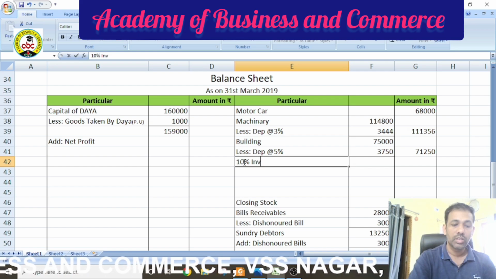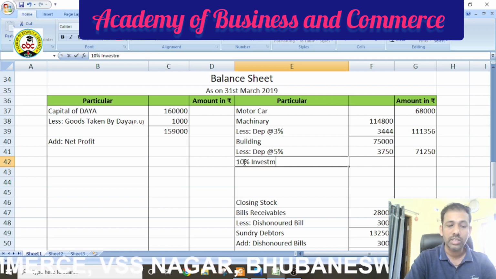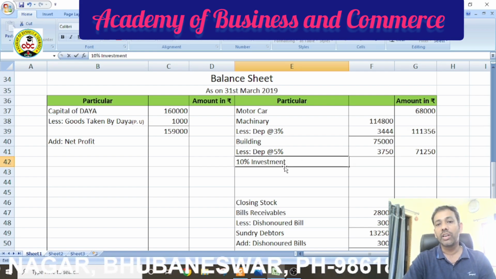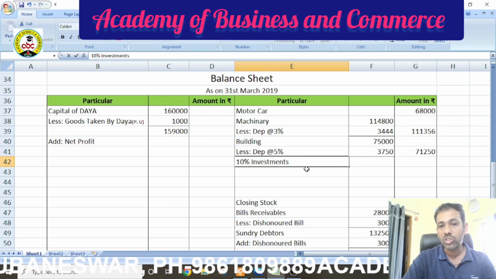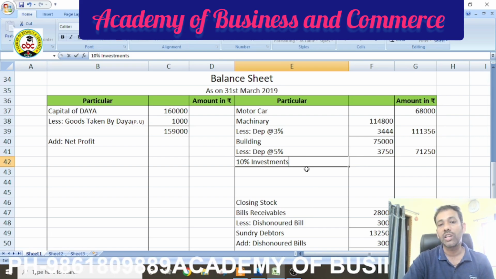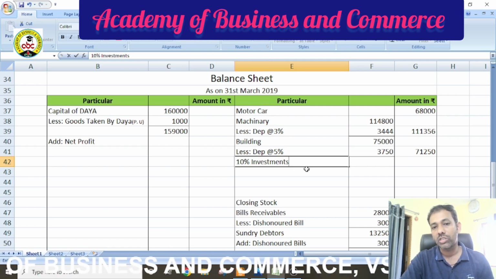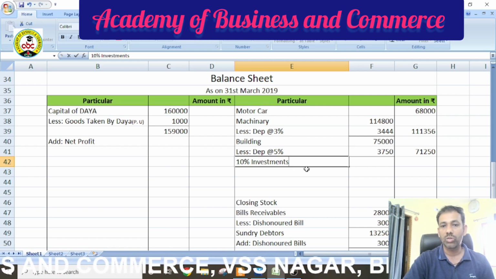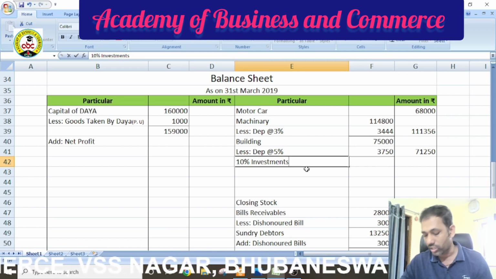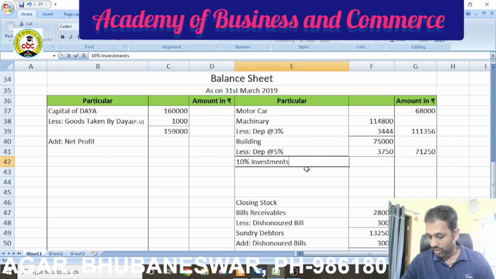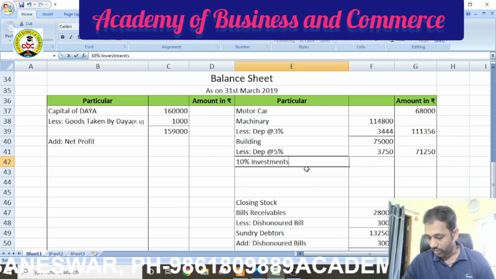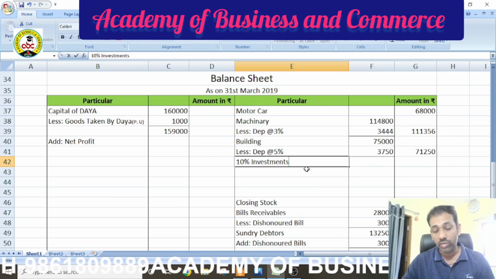Why 10%? What is attached in the prefix? 10% means the investment which we have done in this financial year, for which we get interest in return at a fixed 10%. When we invest that amount, the party where I'm investing also declares that they will give us 10% interest.